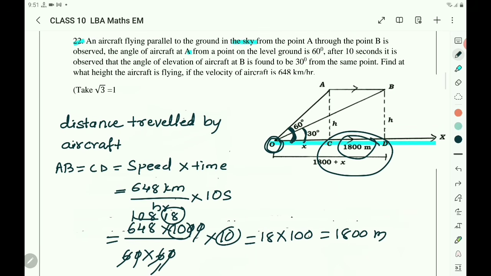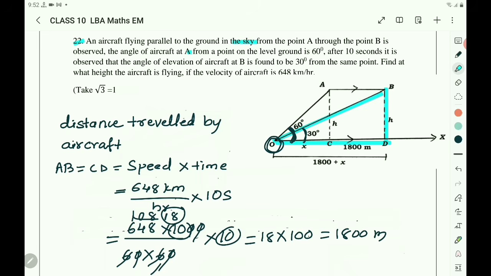Then here, what we have to find out? We have to find out the height of the aircraft. We have to find out AC or BD. Here there are two right angle triangles. One is in the initial position ACO, and the other one is in the final position BDO.